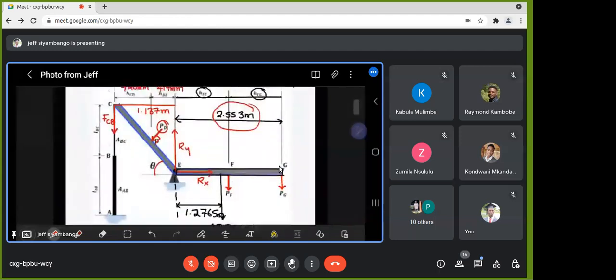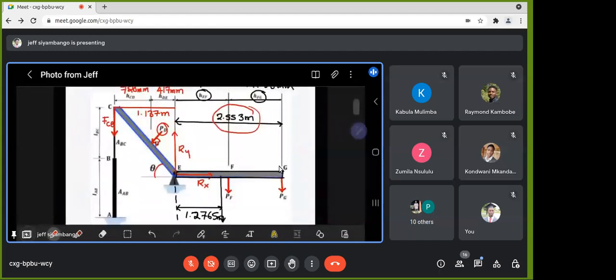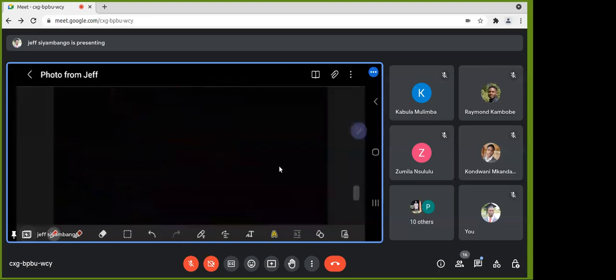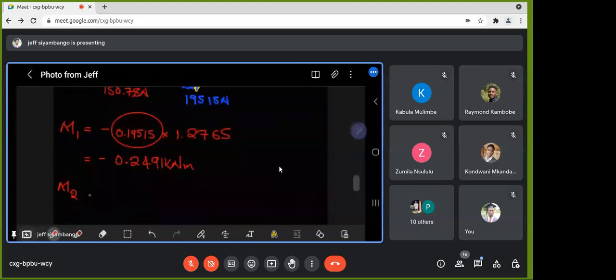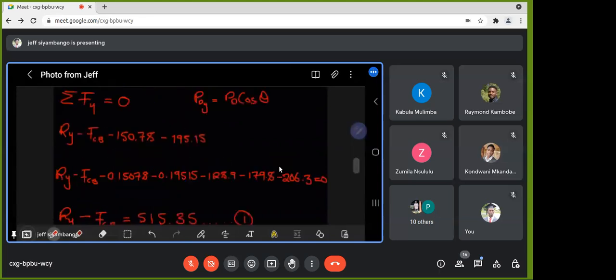So we need the distance here. Let's write that down first: 172.5 in kilonewtons. We're multiplying this with what distance?